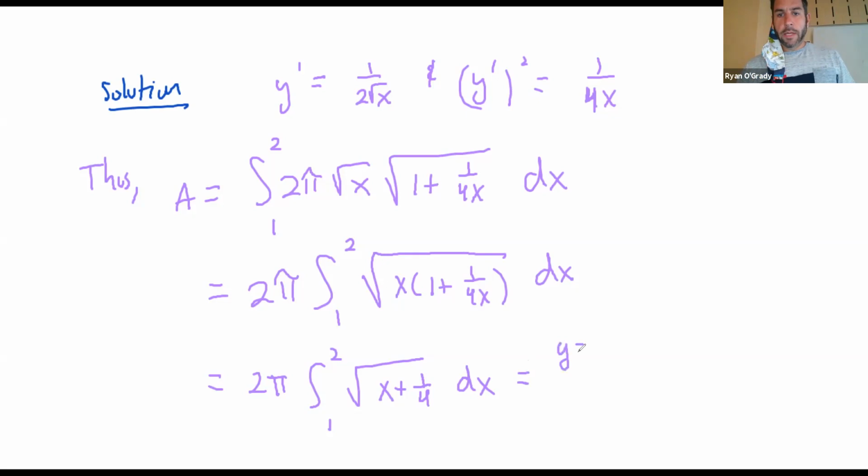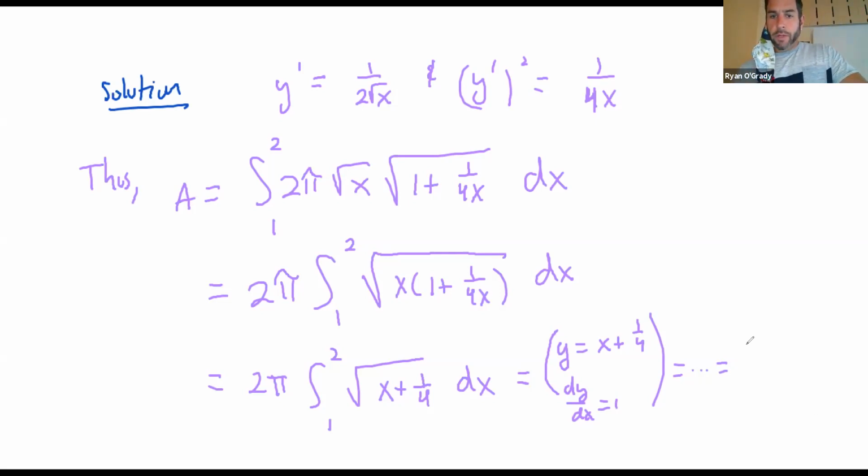You're going to set u equal to x plus 1/4, and then du over dx is 1. Then you change your bounds and do all that fun stuff.